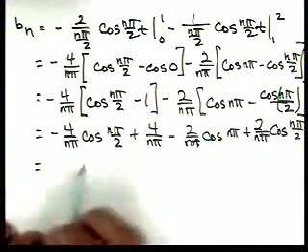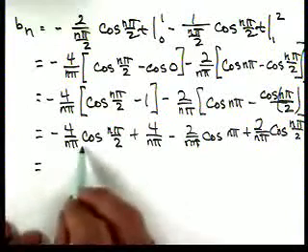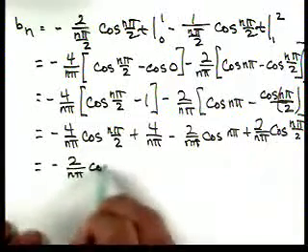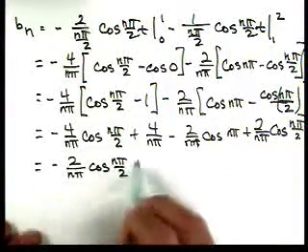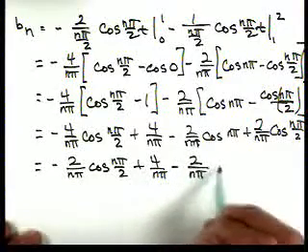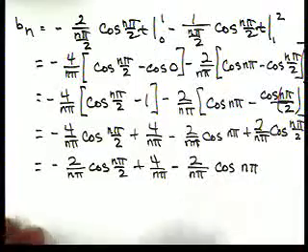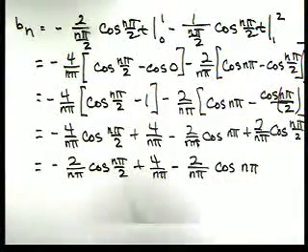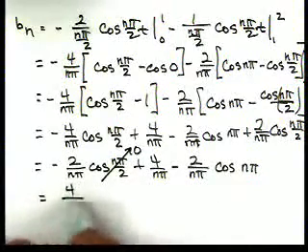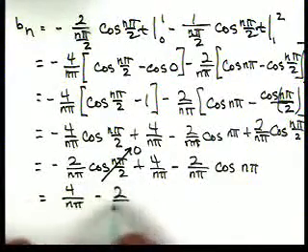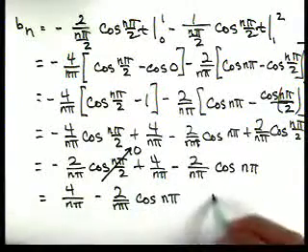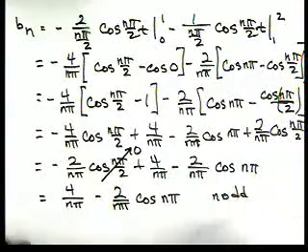And if we combine this term and this term, we wind up with minus 2 over n pi cosine n pi over 2 plus 4 over n pi minus 2 over n pi cosine n pi. Now, this term is always 0. So what we're left with is 4 over n pi minus 2 over n pi cosine n pi. And again, remember, this is only valid for n odd.